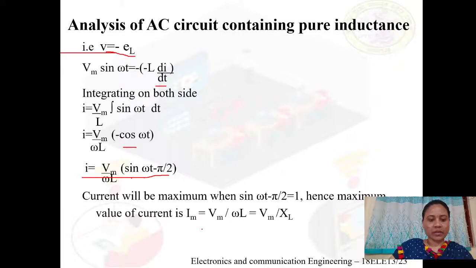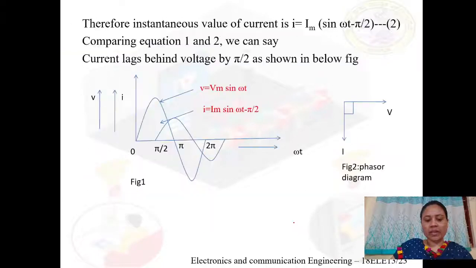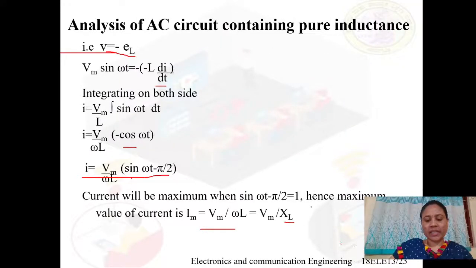Therefore we can write Im, the maximum value of the current, as Vm by omega L, or this omega L can be represented as XL, which is nothing but inductive reactance. XL can be called as inductive reactance.